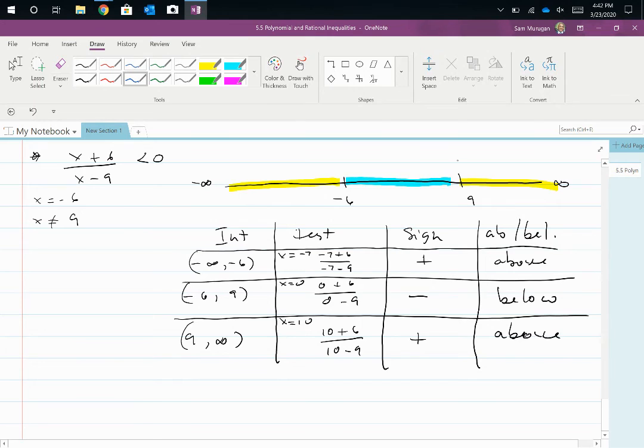However, keep in mind that 9 is a vertical asymptote. So for the solution here, we're asked about the part that's below the x-axis, from -6 to 9. And if the problem had been x plus 6 over x minus 9, FYI again, greater than or equal to 0, we'd be talking about the portions of the graph that are above the x-axis.